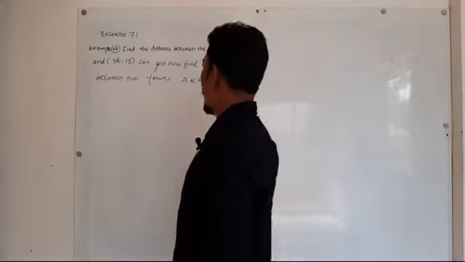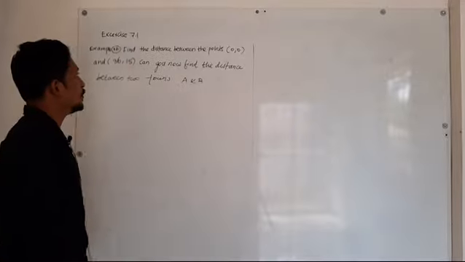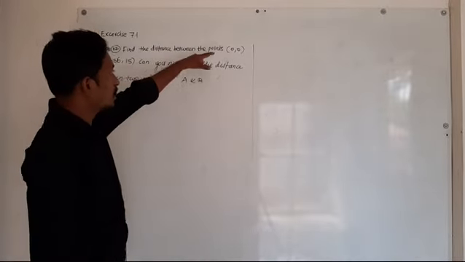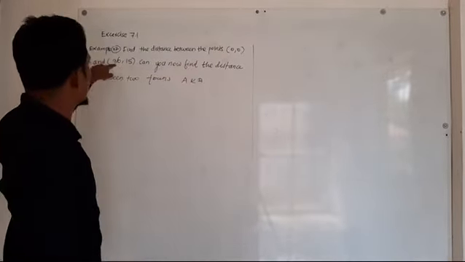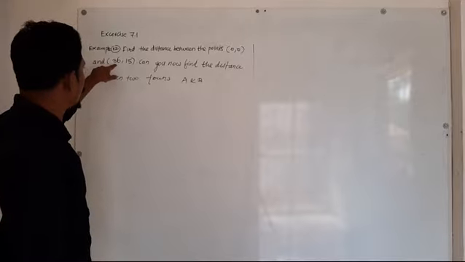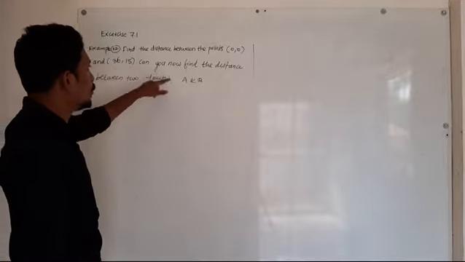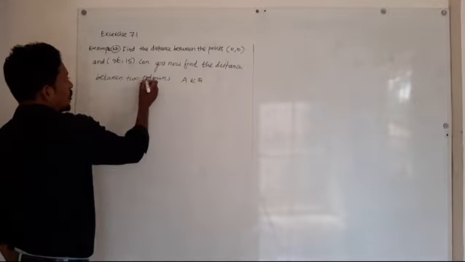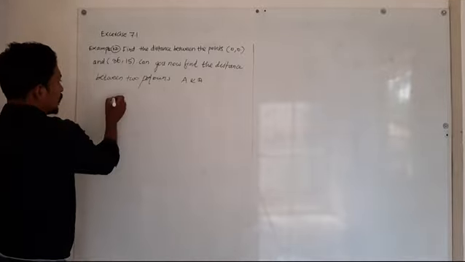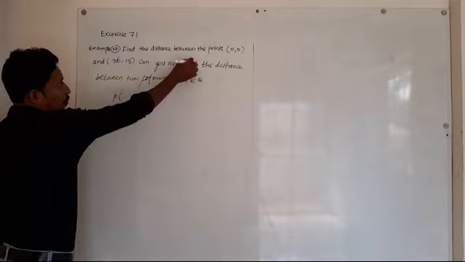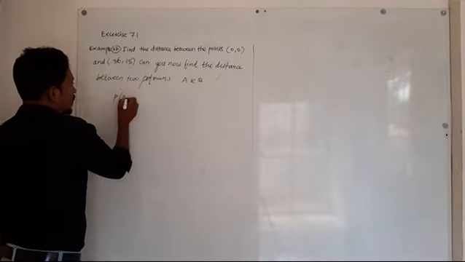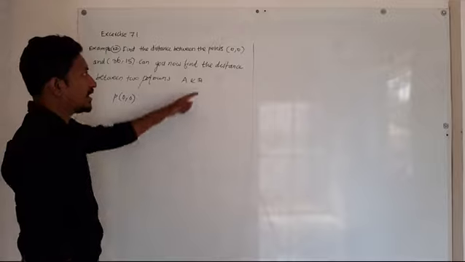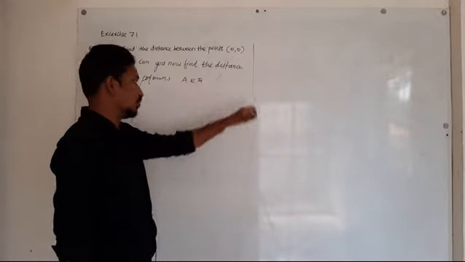Next question: find the distance between two points whose coordinates are 0, 0 and 36, 15. The coordinates of point P are 0, 0: x coordinate is 0, y coordinate is 0.